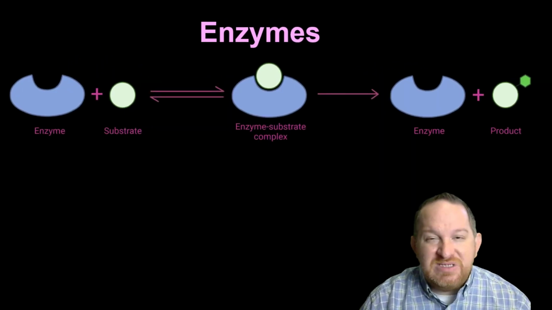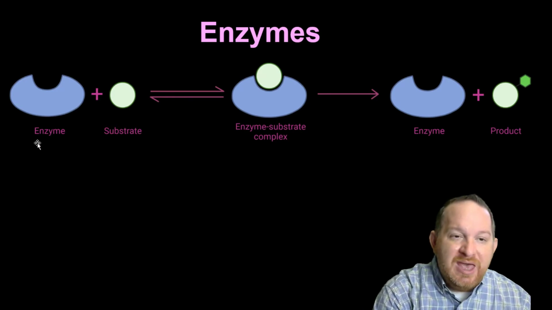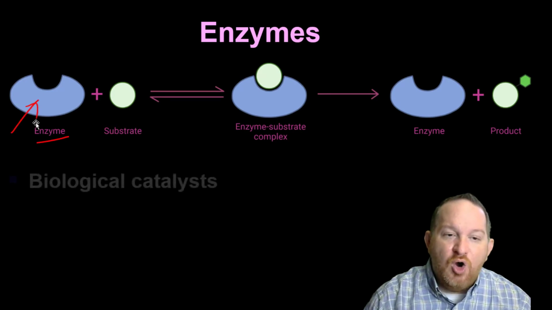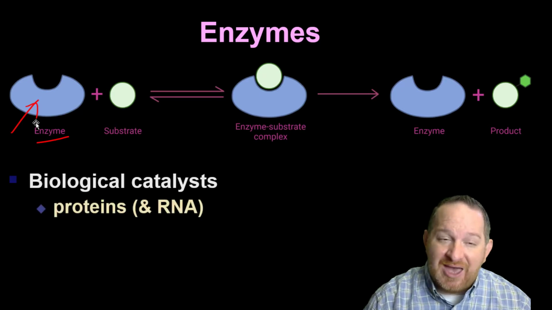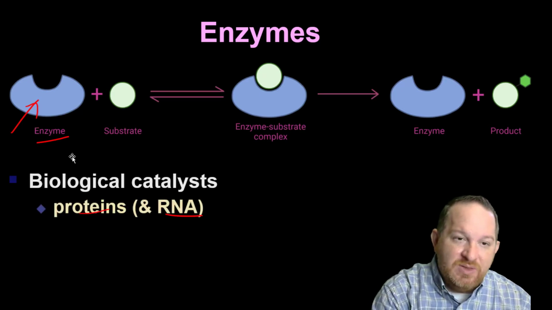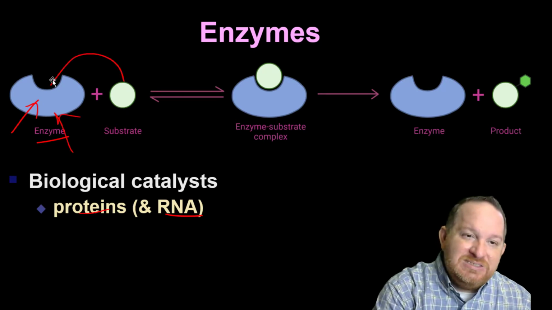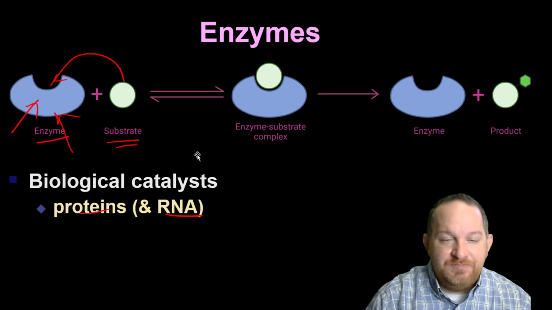So what's the basic function? How do they work? So as you can see here, enzymes are really just these biological catalysts made of protein and a little RNA. That's what the enzyme is composed of. The thing that binds to the enzyme is called the substrate.